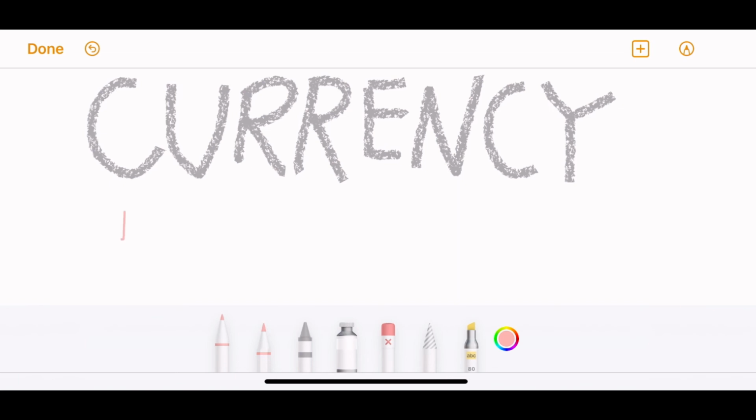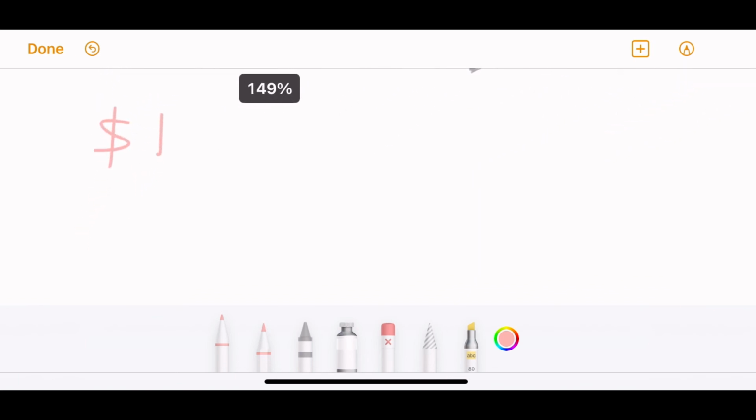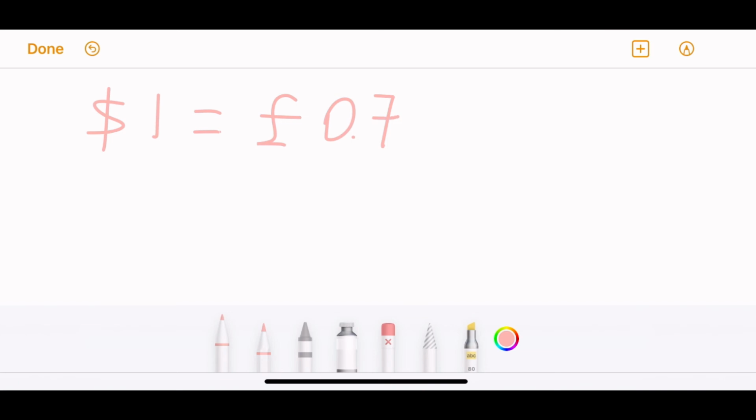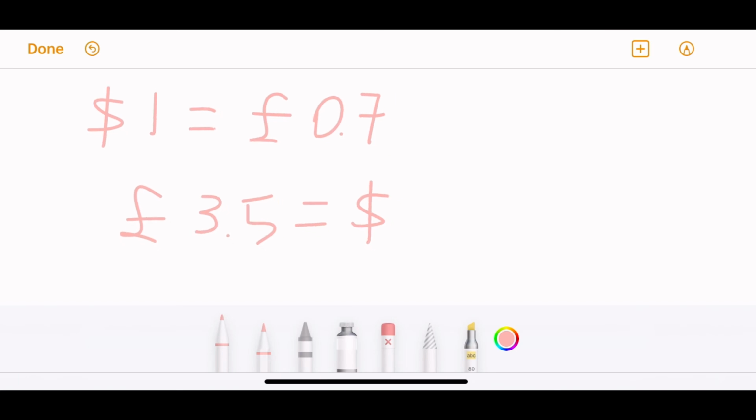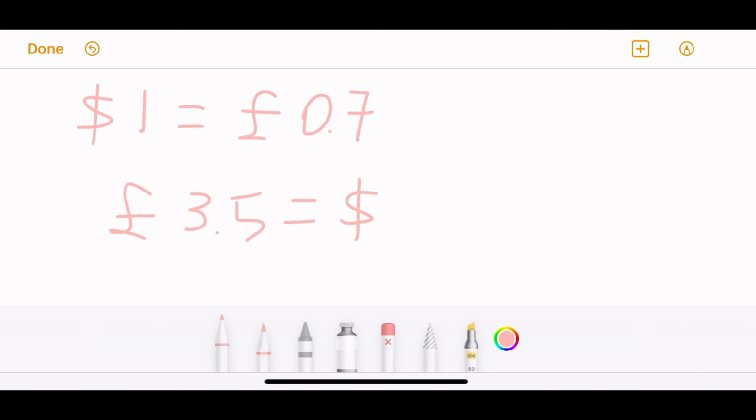Given that $1 equals 0.7 pounds, I want to find how much 3.5 pounds equals in dollars. Or to put it in other words, how many dollars will 3.5 pounds buy? In order to find that, we already know the relationship between dollars and pounds, so we can use the ratio method.